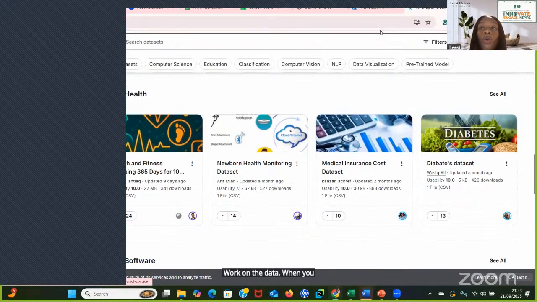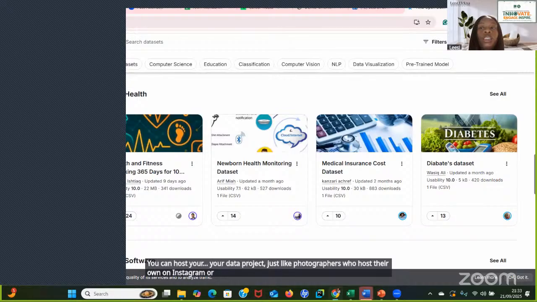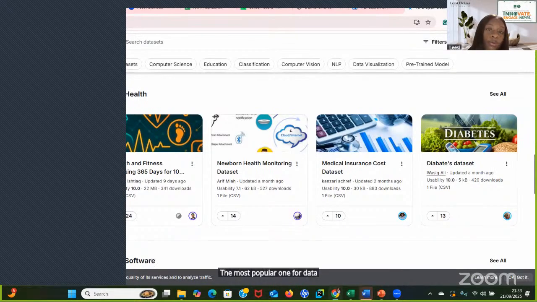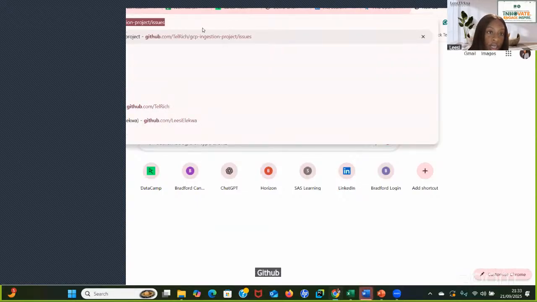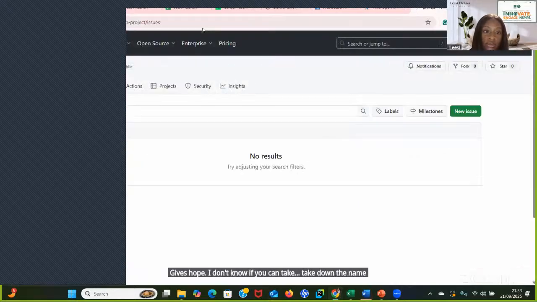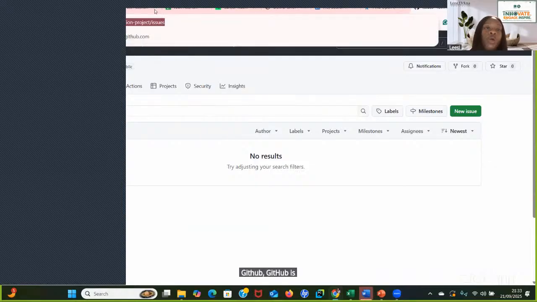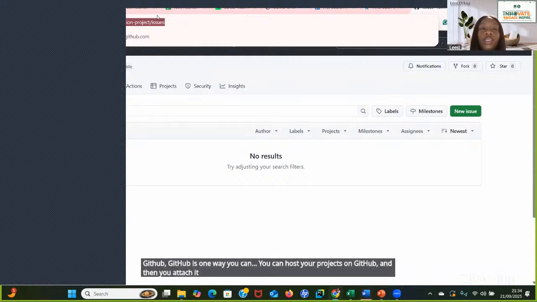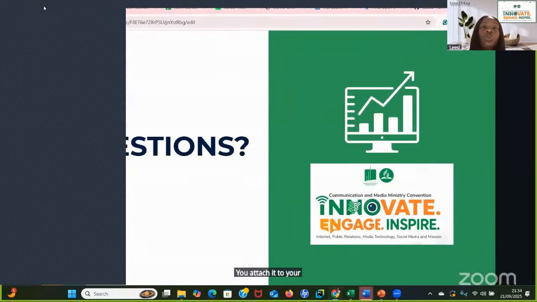When you finish, you upload it. There are different ways you can host your data project, just like photographers will host their own on Instagram or on Facebook. The most popular one for data analysts is GitHub. That's the most popular one. GitHub is one way you can host your project, and then you attach it to your CV.